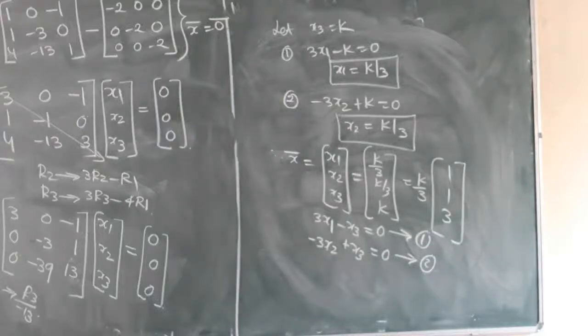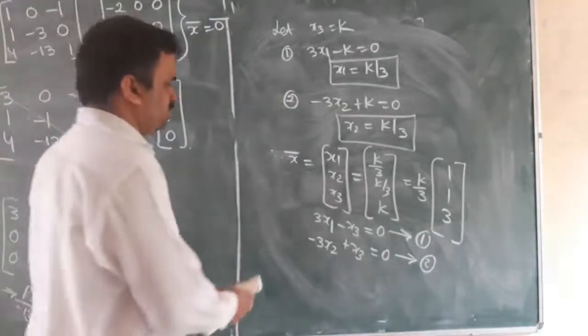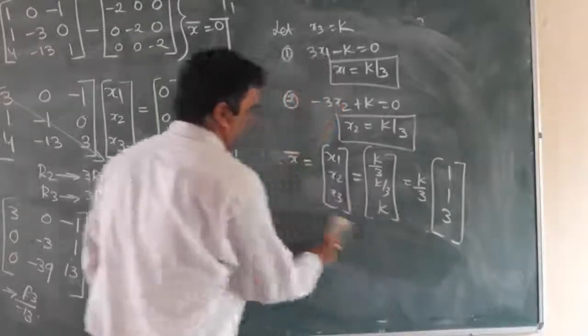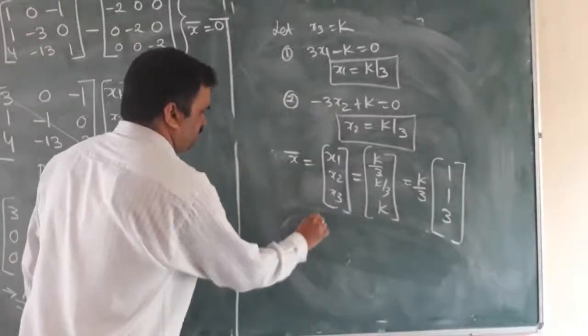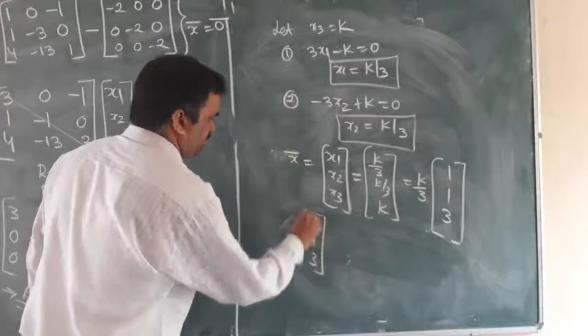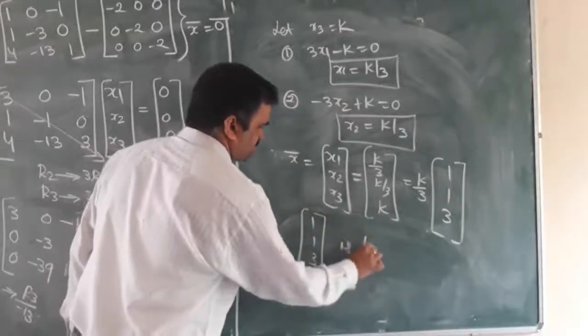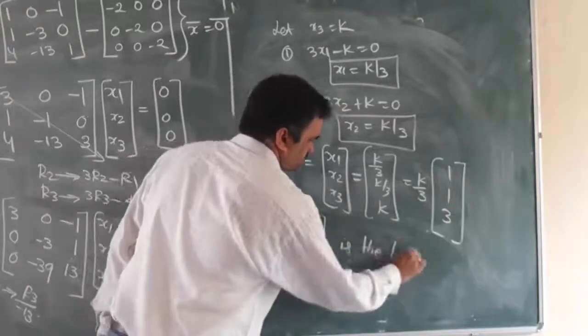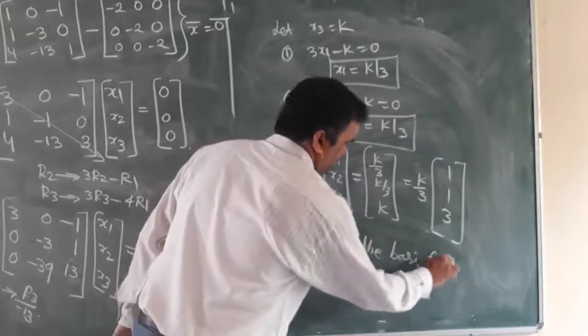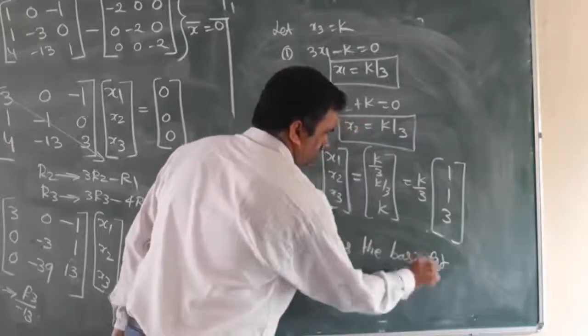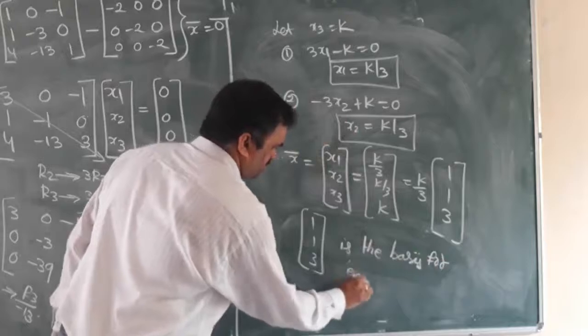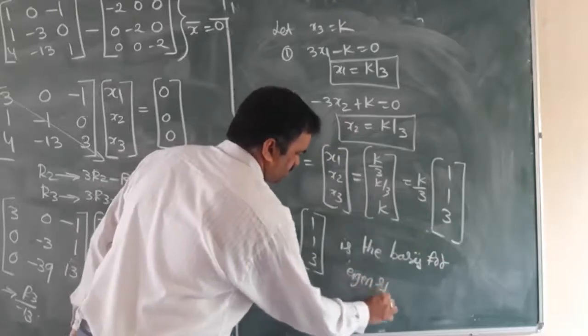This is the basis for the eigenspace. Therefore, 1, 1, 3 is the basis for the eigenspace.